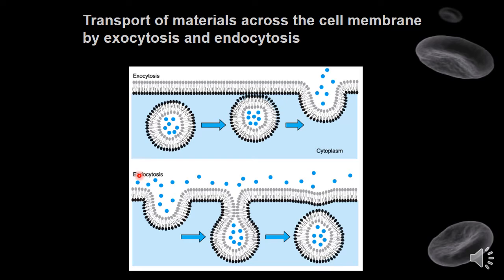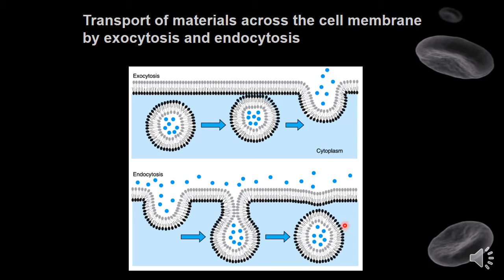In endocytosis, the direction of crossing of substances is the opposite of exocytosis, from outside to inside, but again through formation of a vesicle. As you can see, the cell membrane is invaginated first and then forms a vesicle, and this vesicle will travel in the cytoplasm.